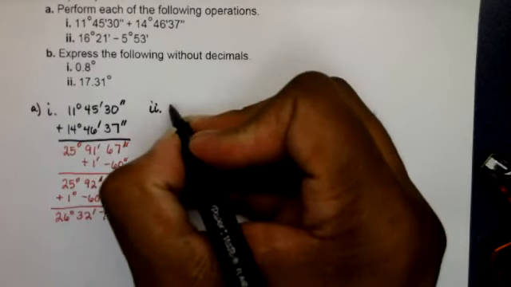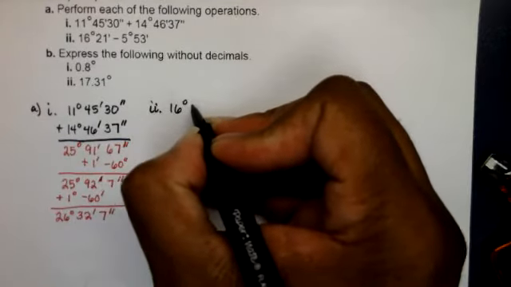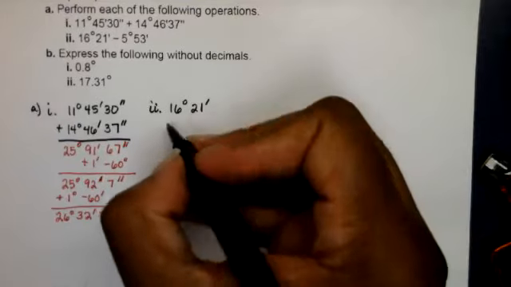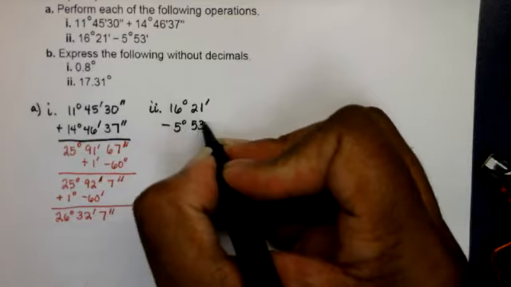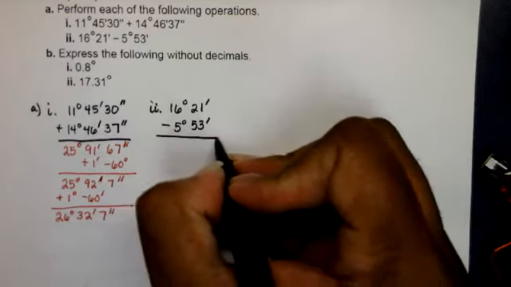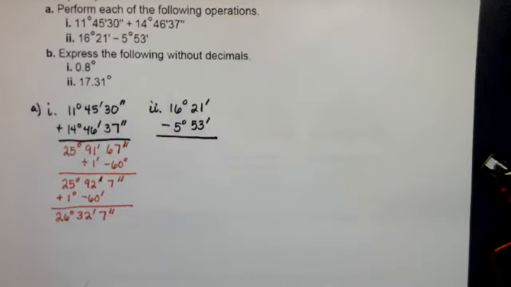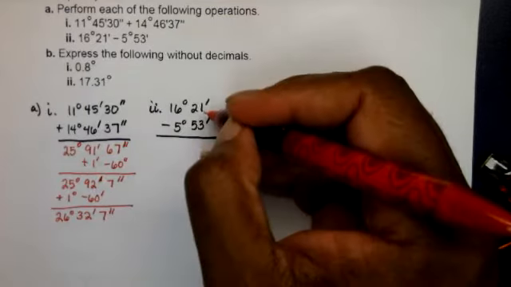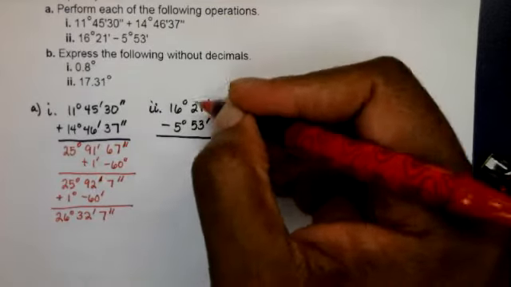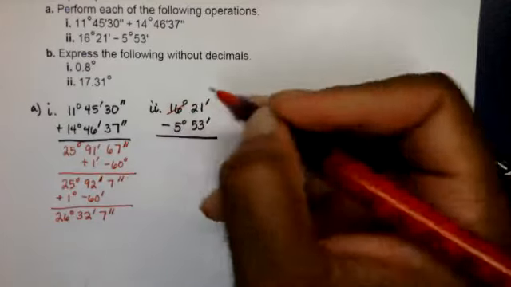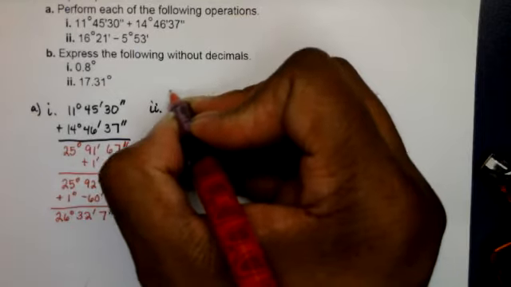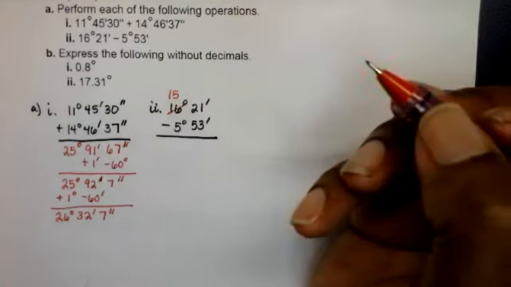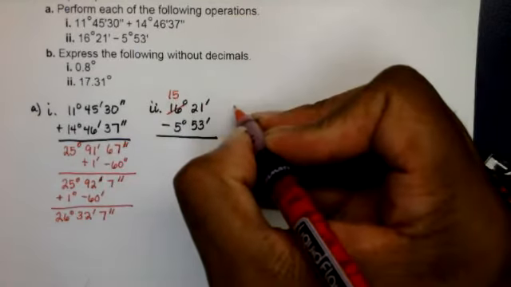Part 2 is subtracting 16 degrees, 21 minutes minus 5 degrees, 53 minutes. Well, I can't subtract 53 minutes from 21 minutes. So what I need to do here is take away 1 degree from 16. That'll leave me with 15 degrees.